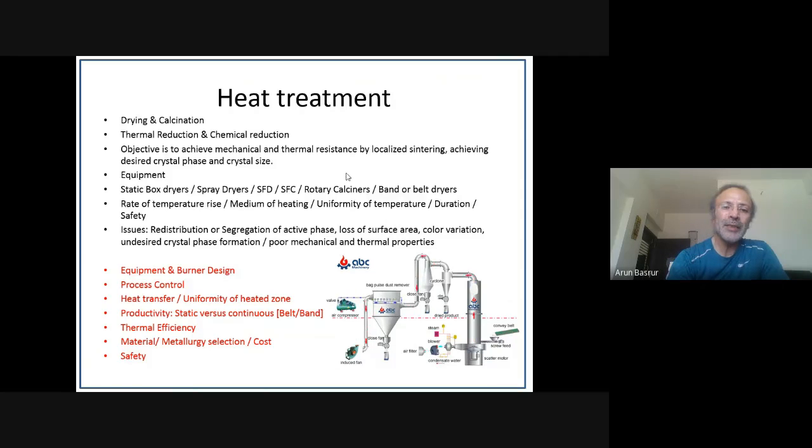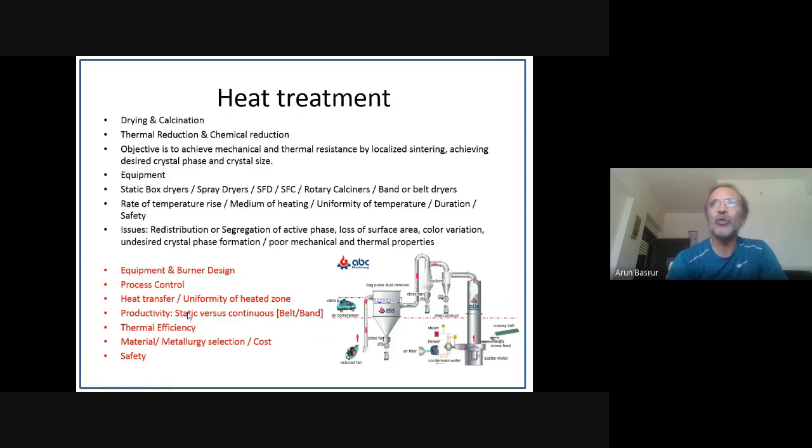So as a chemical engineer, one can contribute to equipment and burner design, process control, and heat transfer, ensuring proper design so that there is uniformity of the heated zone, and improving productivity, that is, translating a static process to a batch process to a continuous process. Typically, most catalyst developers in the lab would use static equipment such as box dryers.